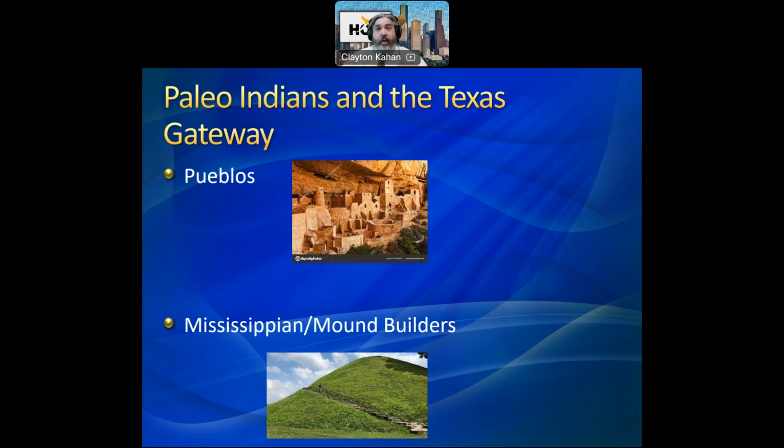So we know that there was trade going on all through the continents of South America and North America, and Cahokia is a huge part of that. And for what it's worth, if you take my Mexican American history class at some point, this is not Mexican American history, but if you do take that class, we're going to talk about the Aztec capital of Tenochtitlan, which is another big part of this transcontinental trade that's happening way before anybody's showing up from Europe.